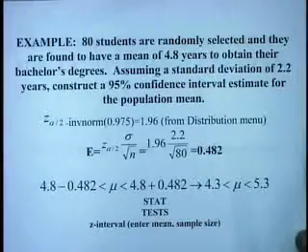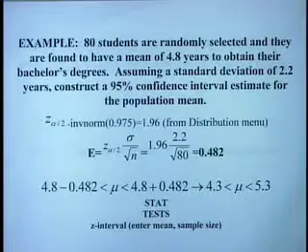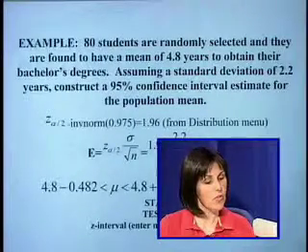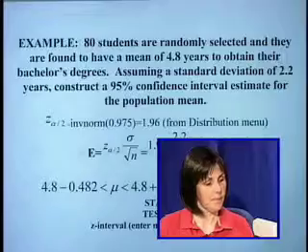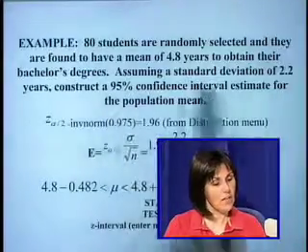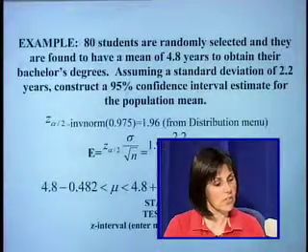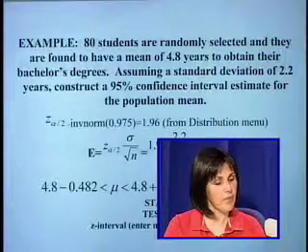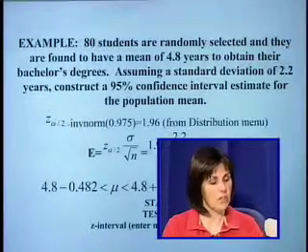Let's look at an example where I have 80 students and they are found to have a mean of 4.8 years to obtain their bachelor's degrees. Assuming a standard deviation of 2.2 years, construct a 95% confidence interval estimate for the population mean.